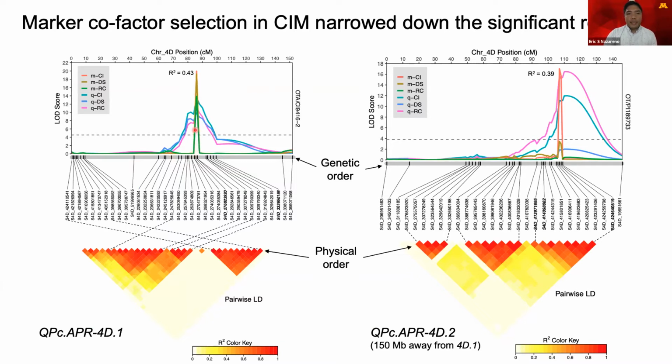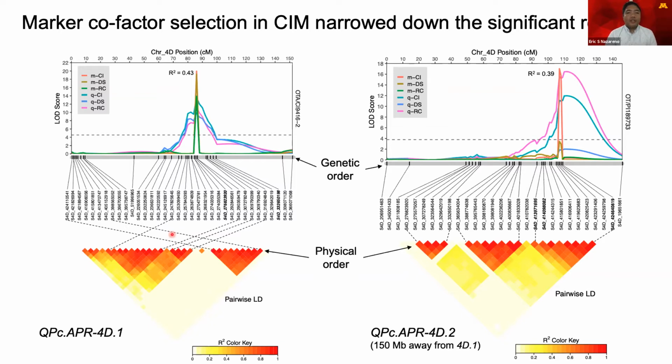So as we can see here, that's the peak, and the effect is 43%. And I also computed the linkage disequilibrium of those markers in that region, and found that there is high LD in that significant region, which is what we want for marker-assisted selection, because we don't want recombination within that QTL.